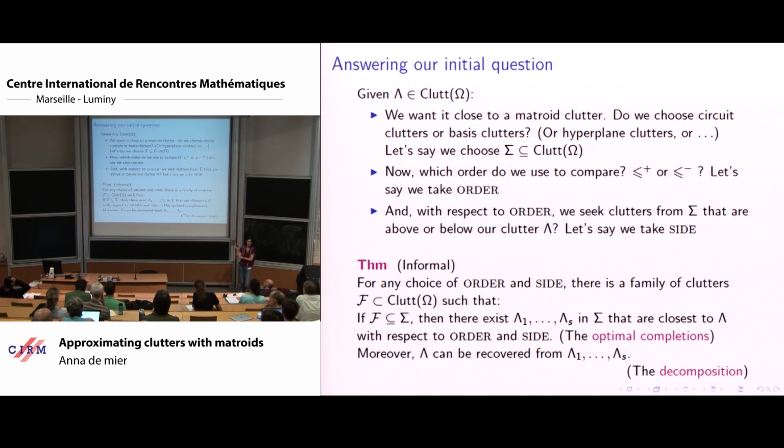That's pretty easy, almost straightforward. But the part that I found more interesting is that once I have these closest clutters to lambda, then lambda can be recovered from them by some operation.